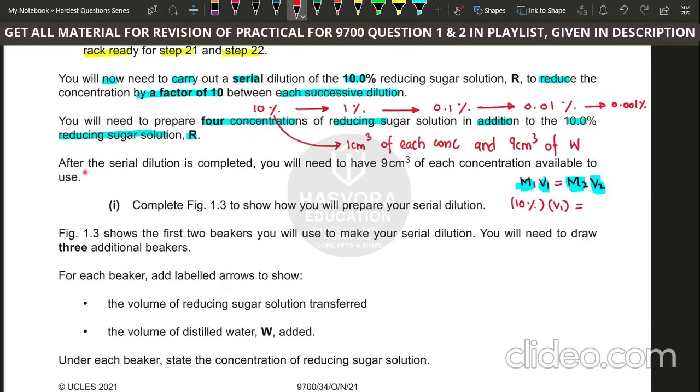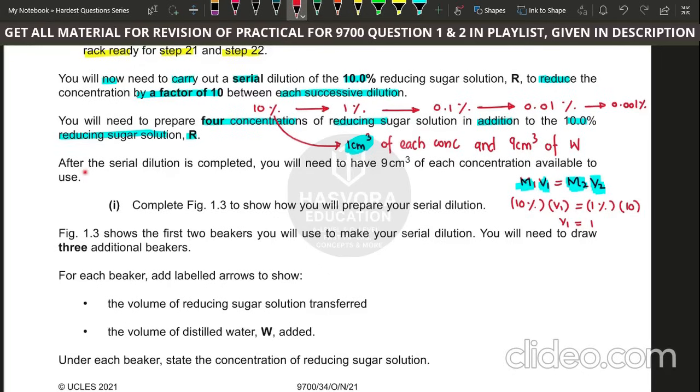The concentration I need to prepare is 1%, and the volume I need to prepare is 10 cm cube. So if you take out V1, it will be 1. This means you have to take out only 1 cm cube of 10%, and the rest will be water. So this formula only tells you the volume you have to take out of the concentration that you are using. Hope you understand this.